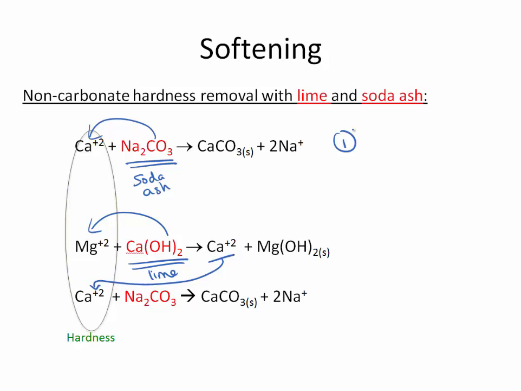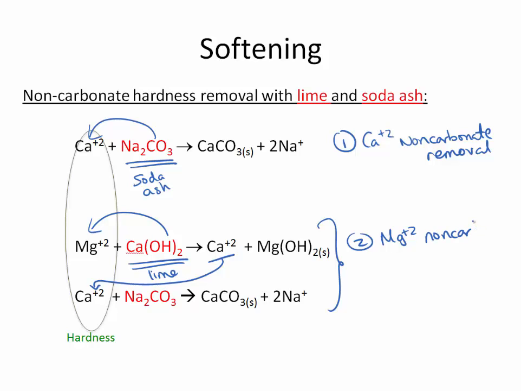So this is the first reaction of soda ash reacting with calcium. This would be calcium non-carbonate removal. And in these reactions, you have magnesium non-carbonate removal, which actually involves 2 reactions, because in the first, you release calcium, which then has to be combined with more soda ash. Otherwise, you're adding hardness back into the system.